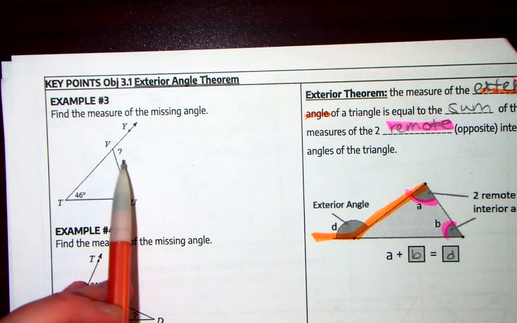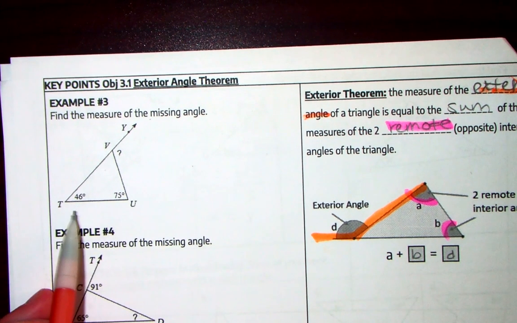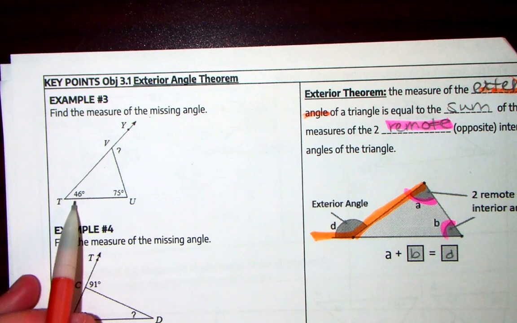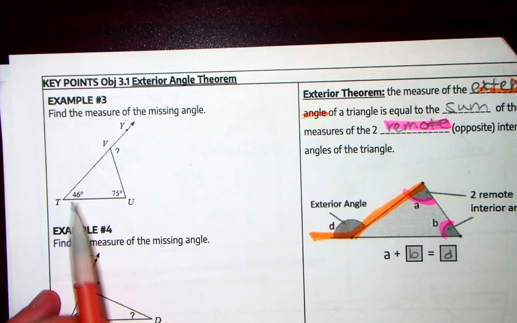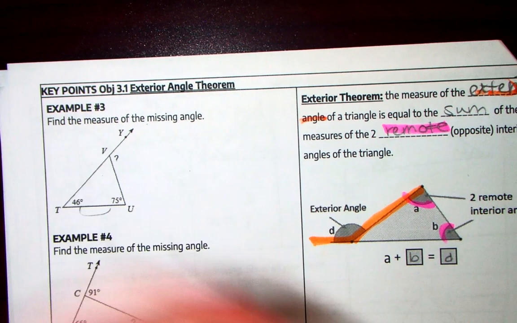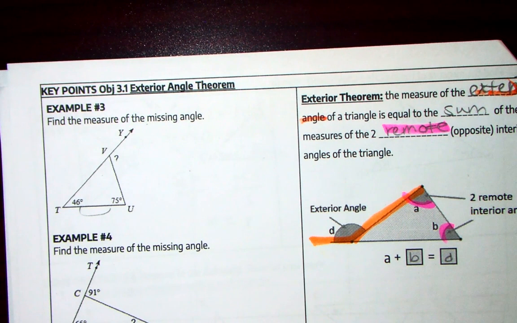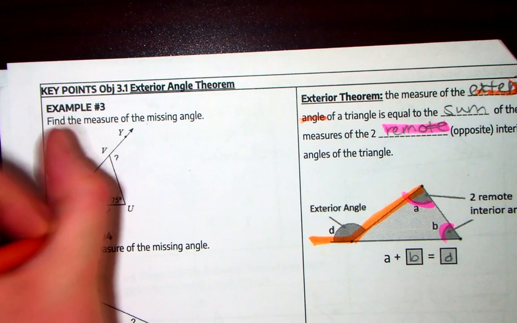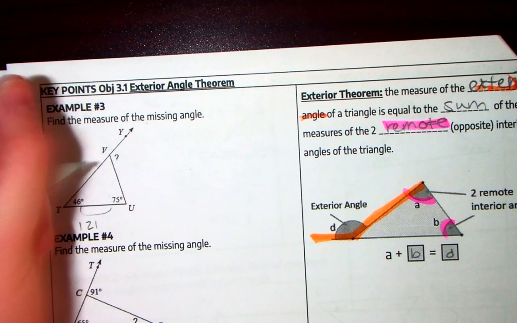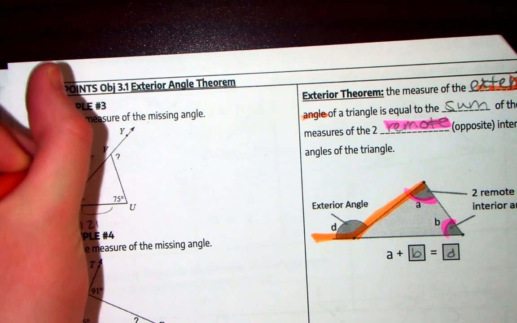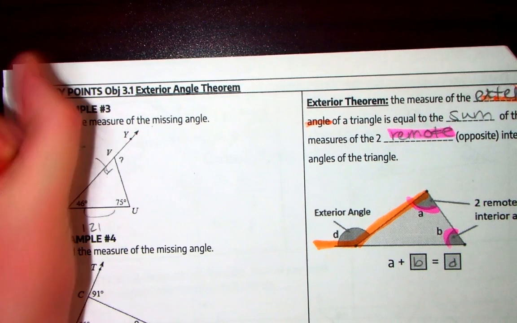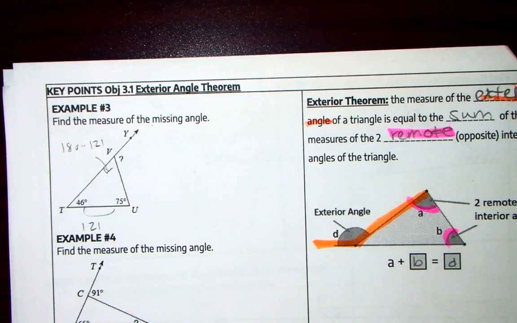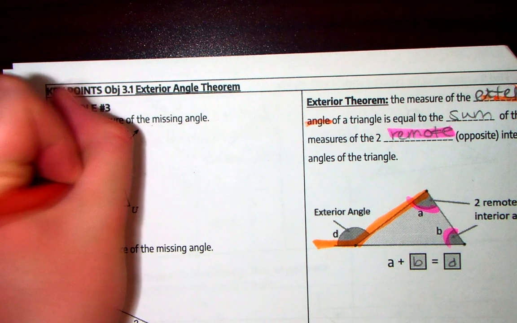So if we're finding the measure of the missing angle over here, one way I could do it is remember my triangle sum theorem, right? So 46 plus 75 is 121. Okay? So then I could subtract 180 minus 121 to find this angle, and get 59 degrees, right?